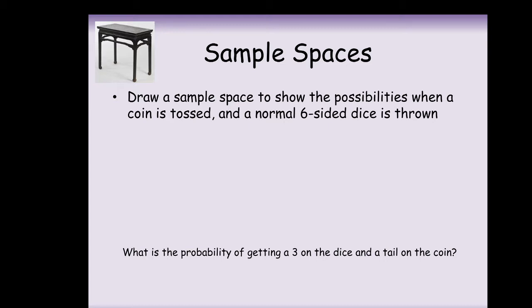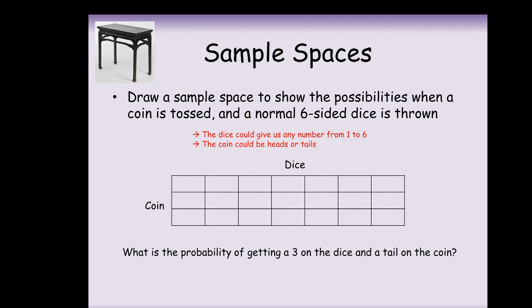So, first question, draw a sample space to show the possibilities when a coin is tossed and a normal 6-sided dice is thrown. The dice could give us any number between 1 and 6, and the coin could be heads or tails. So if we draw a grid like this, we can have dice along the top and coins down the side.